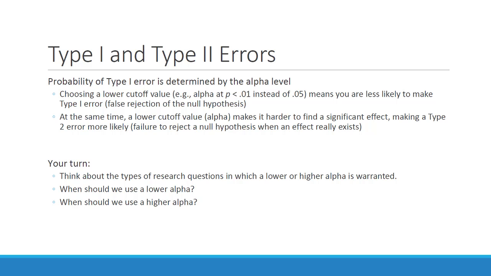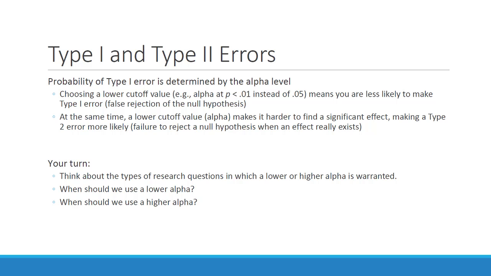So for example, if a researcher is creating a new drug that they suspect might be helpful for cancer, and that drug has some side effects associated with it, you don't necessarily want to use a very high p-value in that case, right? You don't want to take the chance that what you're finding in your results is due to random error. You really want to be sure that it's making an impact on people's cancer. Therefore, in that case, you might want to lower your alpha value.